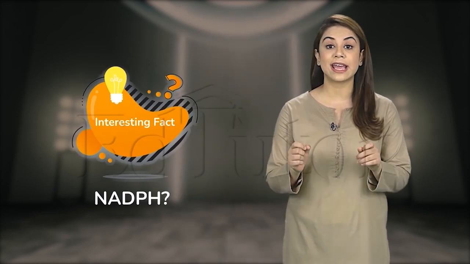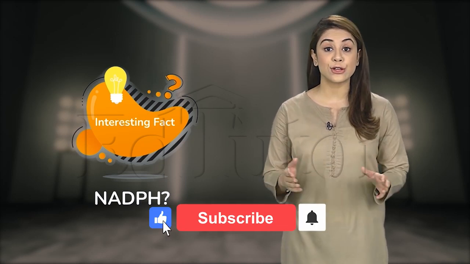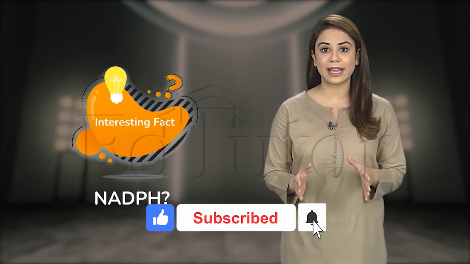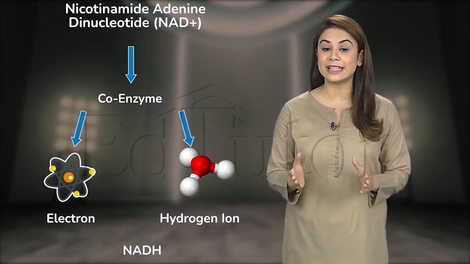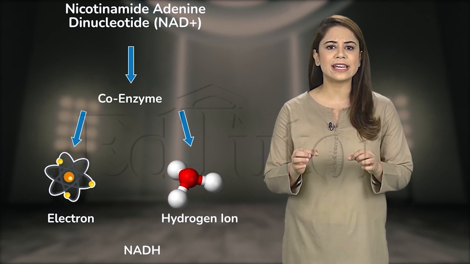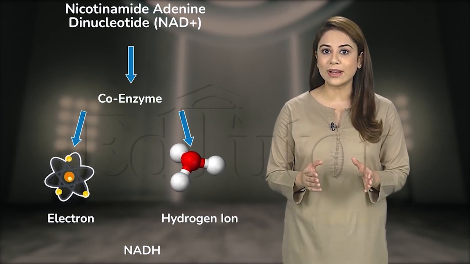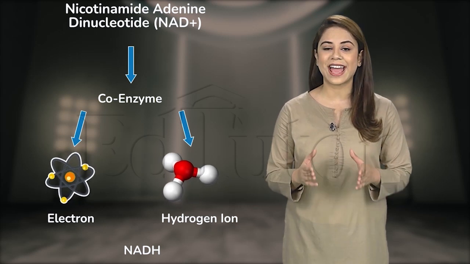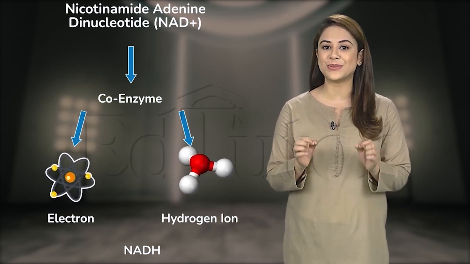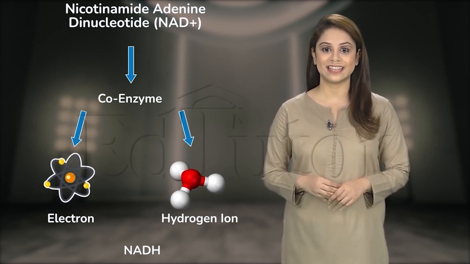Well, let me give you an interesting fact here. We just discussed NADPH. So, what do you think NAD is? NAD, or nicotinamide adenine dinucleotide, NAD+, is a coenzyme that takes electrons and hydrogen ions and is then reduced to NADH.